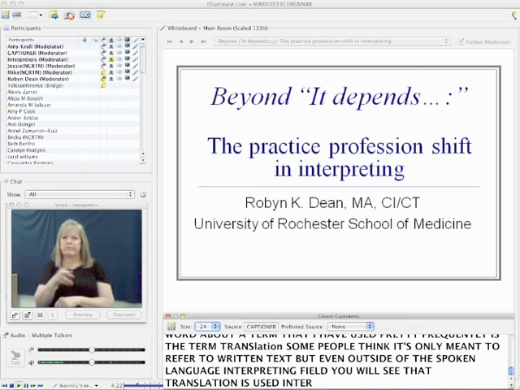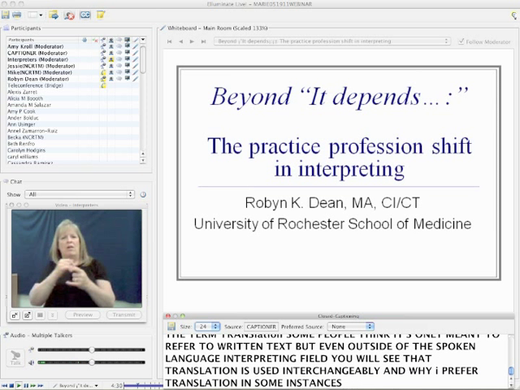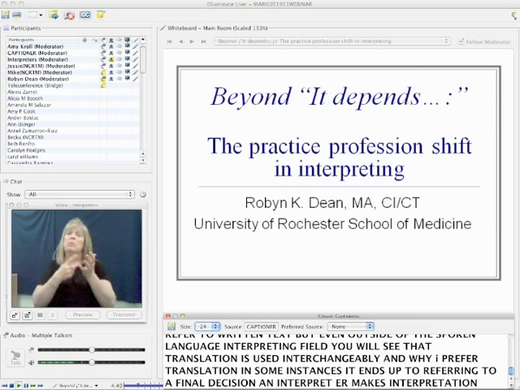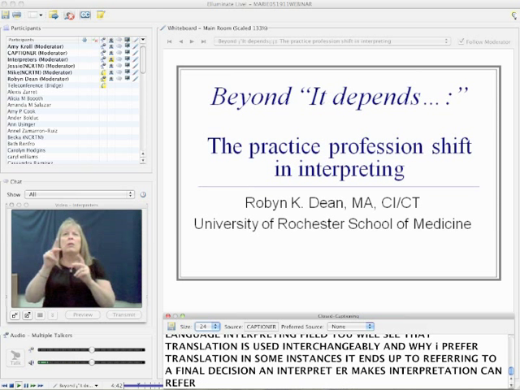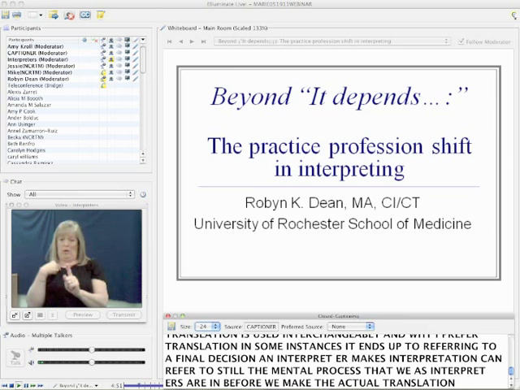The reason why I'm using the term translation, or why I prefer it in some instances, is because it ends up referring to the final decision an interpreter makes, either from ASL to English or English to ASL. And that's the final decision. Interpretation can sometimes refer to still the mental process that we as interpreters are in before we make the actual translation decision. So I'll use that term to refer to the end product, if you will.